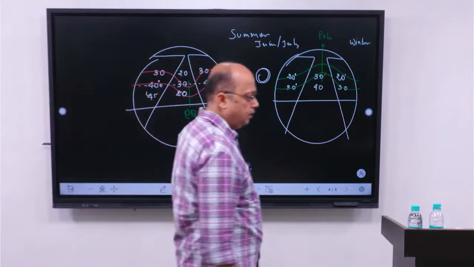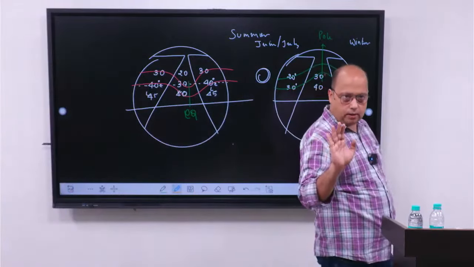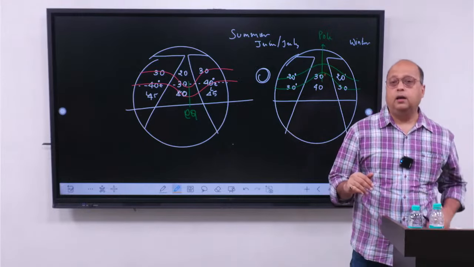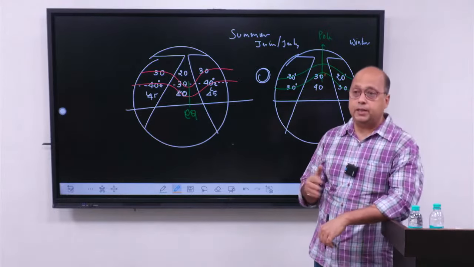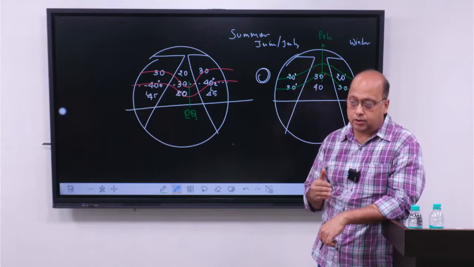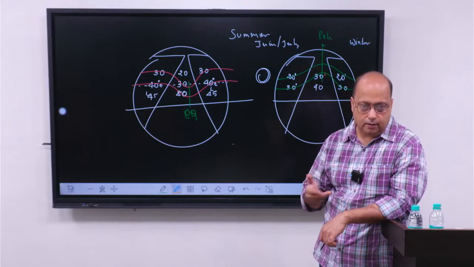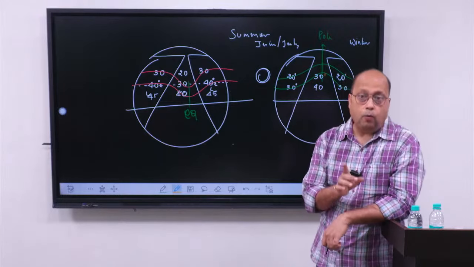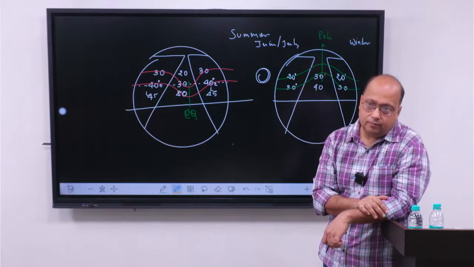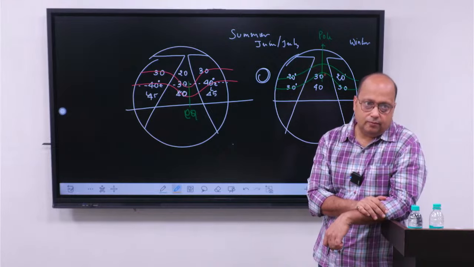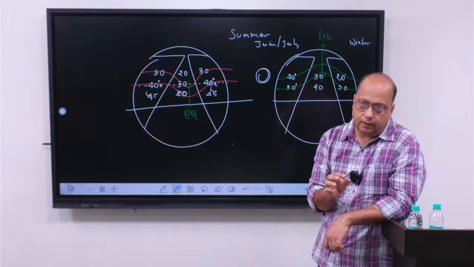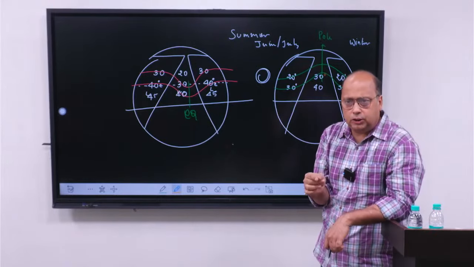Isotherms represent places having the same temperature, right? Where is the temperature behavior very rapid, on land or on water? Land. Why is it rapid? The exact logic is low specific heat, meaning it is very responsive.